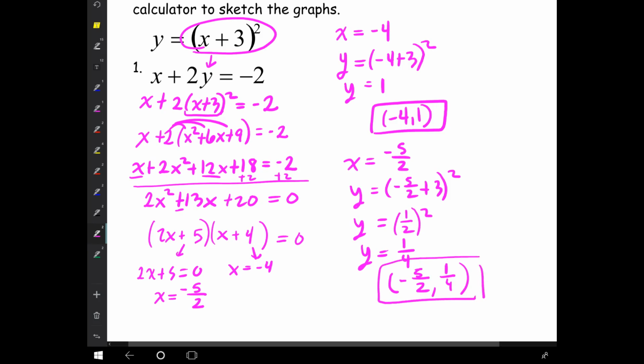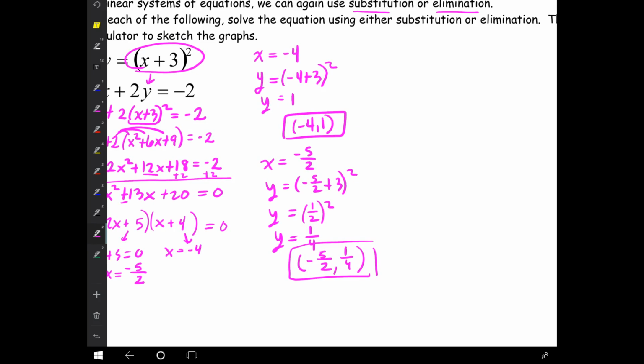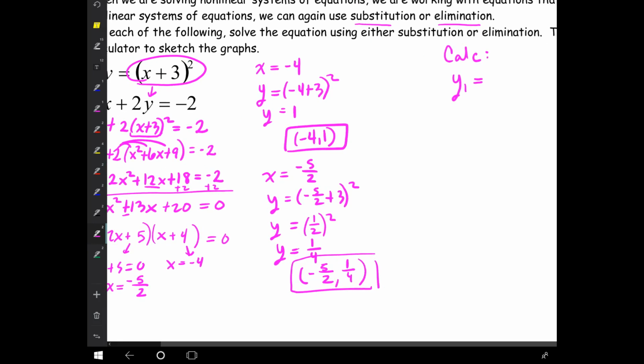All right. Now the next part of the instruction said use your calculator to confirm these points. So this will be kind of my calculator part. In your calculator, we're always going to be solving for y, because we're going to be plugging in y1 as the first equation, which is nice, is already isolated, x plus 3 squared. y2 would be the second equation, so I'm going to have to take that second equation, which is x plus 2y equals negative 2, and solve for y.